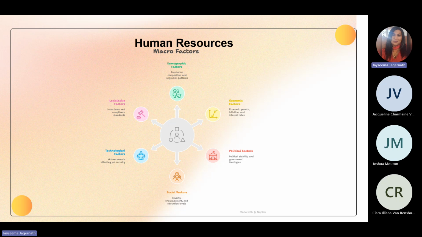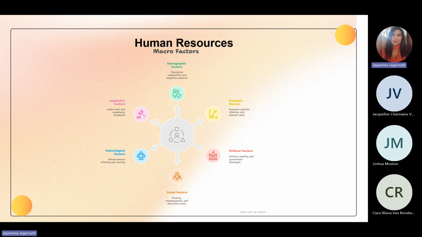Economic factors, and this is growth and inflation, will affect the type of salary that you use to acquire or attract new skill into your organization, as well as political factors. Political factors refer to the stability in the country, as well as the legislation that you need to abide by. And so we know that in South Africa, there are a lot of political factors that influence the legislature, and that goes together in terms of hiring.